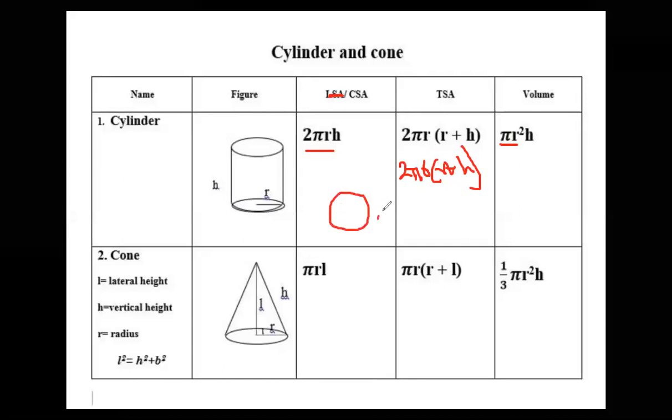Circumference of circle 2 pi r, area of circle pi r square. Do you remember this one or not? Yes, sir. Class 8 not studied. Okay, so class 9 studied. So if we multiply h with circumference, that is called CSA. If we multiply area with height, then that is the volume. Okay, pi r square h. In this way you can memorize.